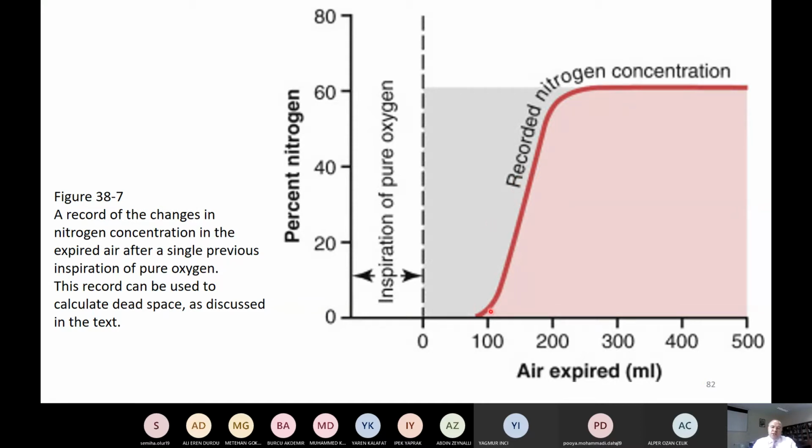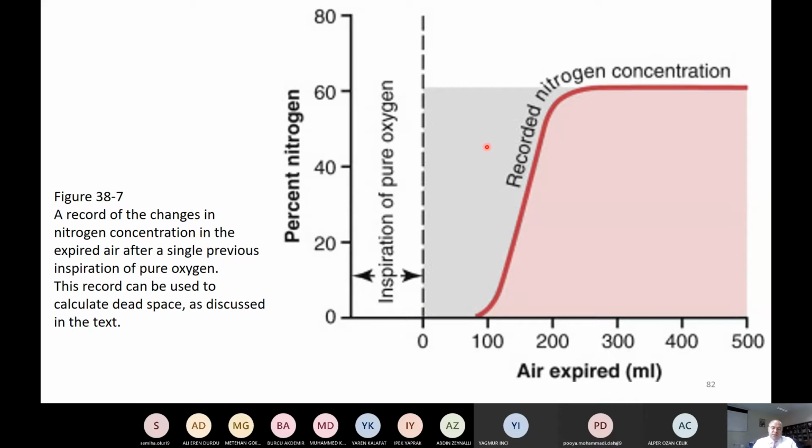As you see, after 100 milliliters of expiration, there is no nitrogen at all, and then after 100 and 150 milliliters of air, the nitrogen concentration starts to increase, because first pure oxygen came out, since it didn't participate in the gas exchange.